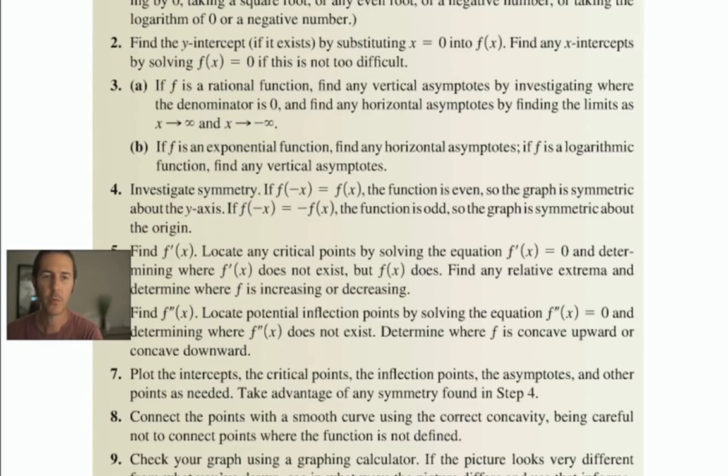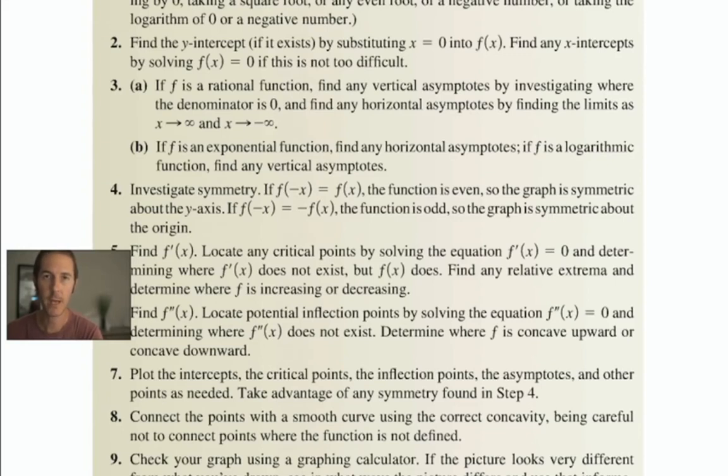Remember, you can also determine horizontal asymptotes by comparing the degree of the numerator to the degree of the denominator. If they're the same degree on the top and the bottom of your fraction, then the horizontal asymptote will be the equation y equals whatever your leading coefficient in the numerator divided by your leading coefficient in the denominator ends up being.